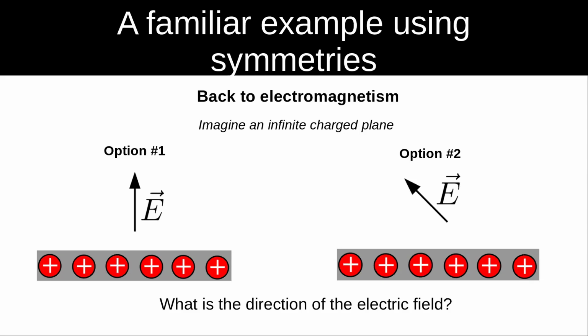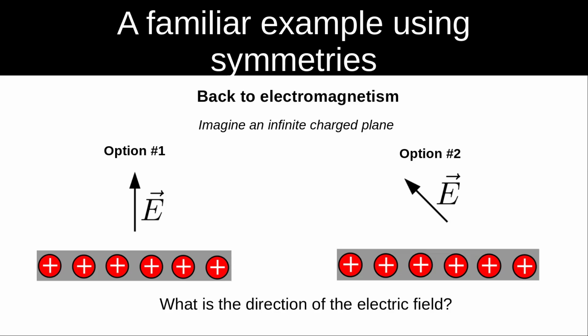And maybe one of the most well-known examples are the cases in electromagnetism, where symmetries essentially allow you to estimate electric fields, or at least to put constraints on electric fields just from the charge distribution that your problem has. So let us imagine that we have a plane with positive charges, let's say, with a perfectly uniform distribution.